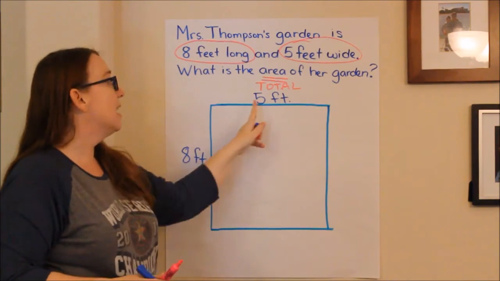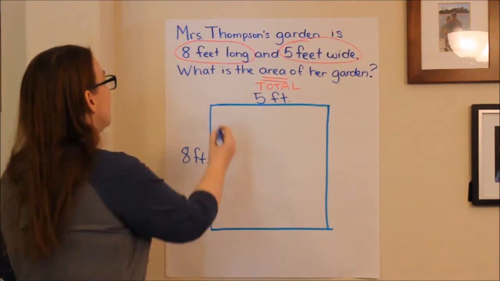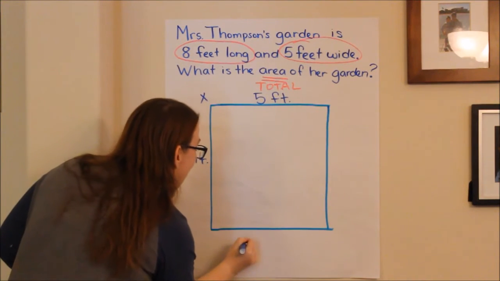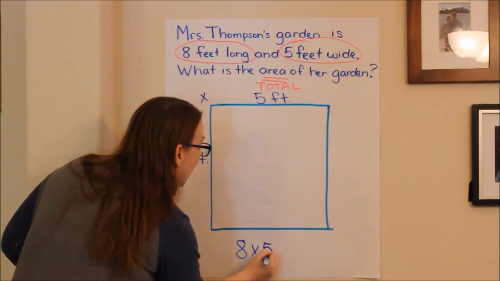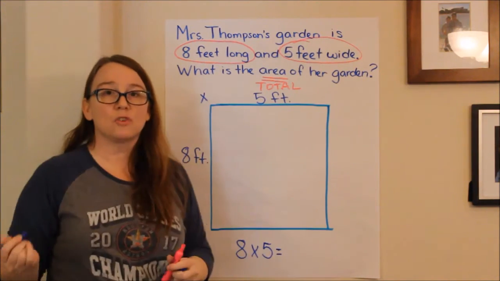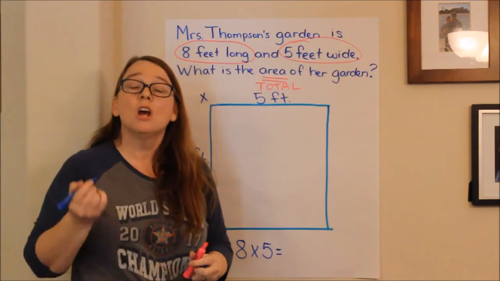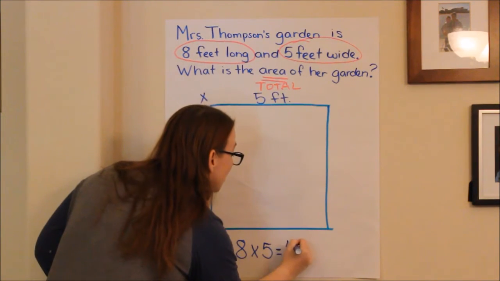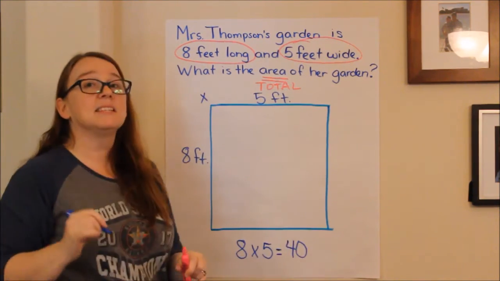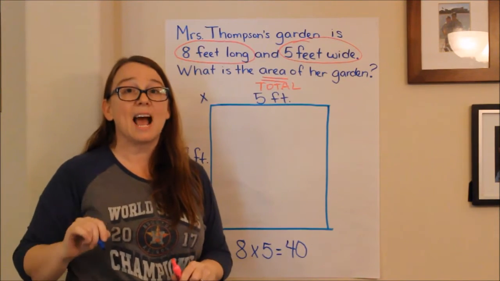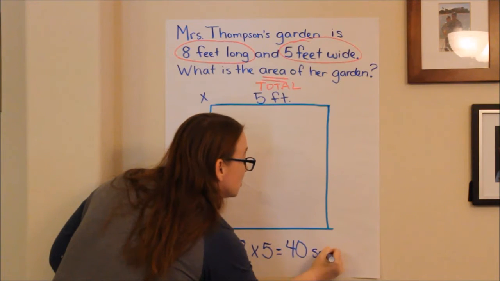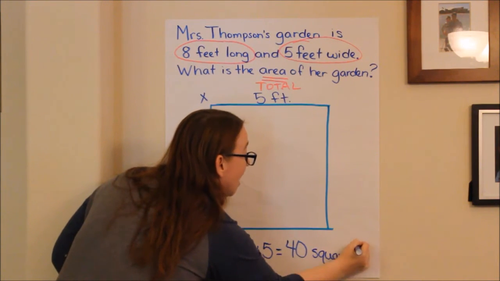So I have an 8 and a 5. So I'm going to multiply those to create the equation 8 times 5. And using our multiplication strategies, we would discover that 8 times 5 would give us 40. Now, since this is an area, we are just figuring out squares. So you need to make sure that you label this square feet.